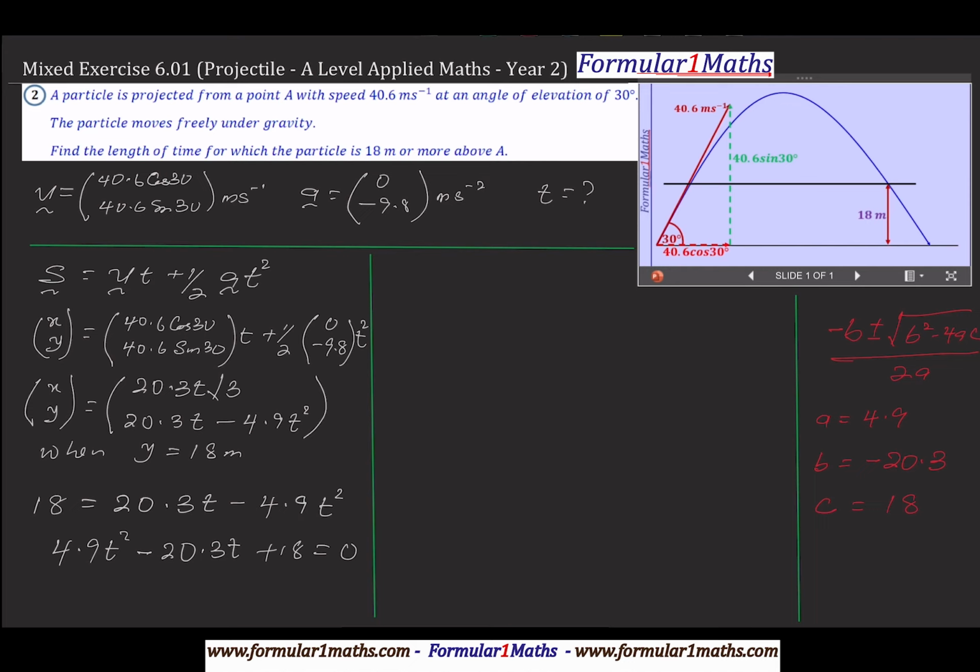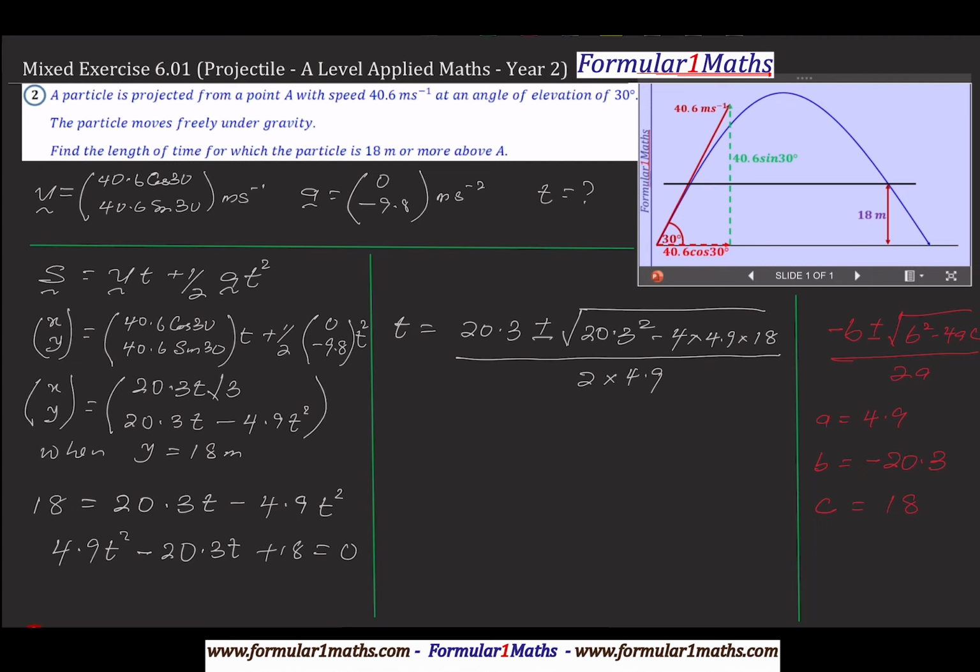Doing my substitution, t is equal to 20.3 plus or minus square root of 20.3 squared minus 4 times 4.9 times 18, all over 2 times 4.9.